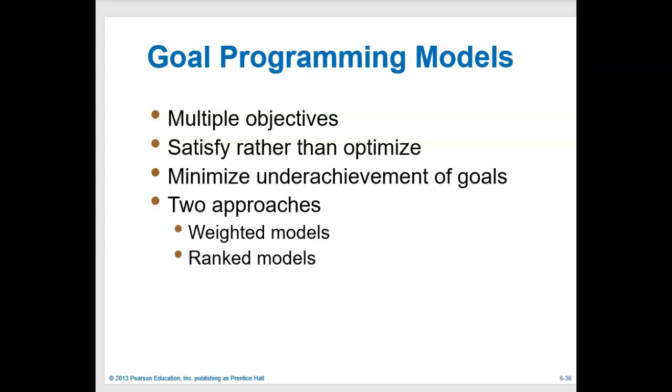The reason why we needed goal programming as a technique is because in a business environment, usually just maximizing profit or minimizing cost is not the only objective that a firm may specify.